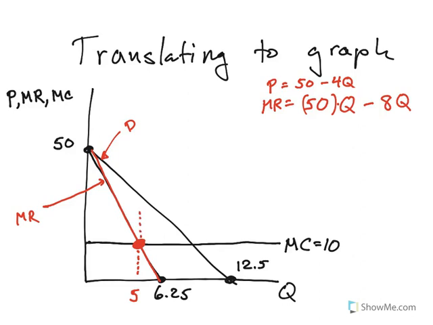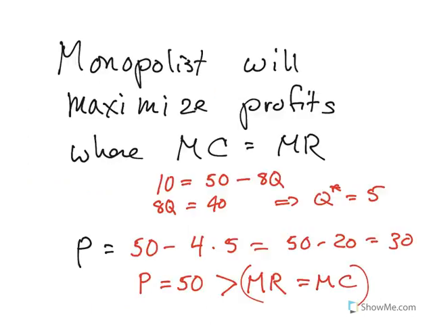And then we go up to the demand curve. So that's the optimum price and quantity. Now this is again a graphical version of what we did right here.